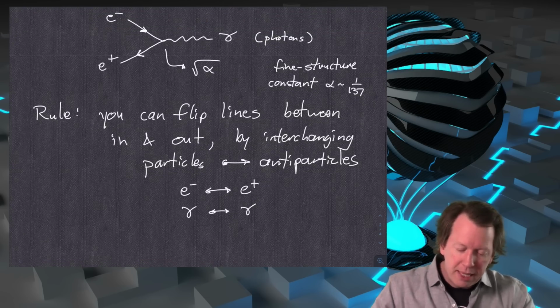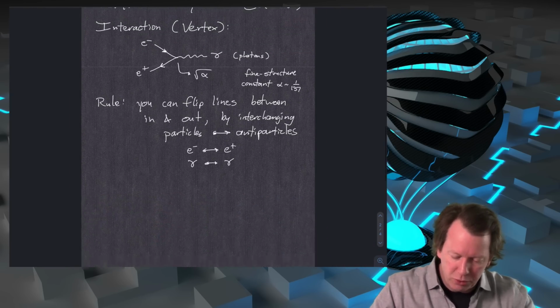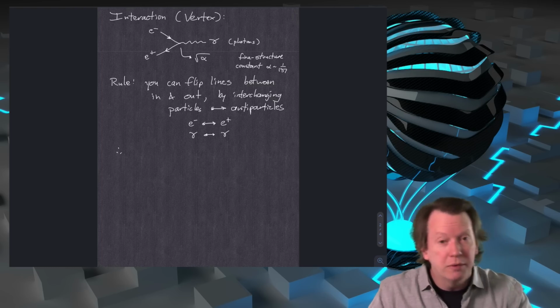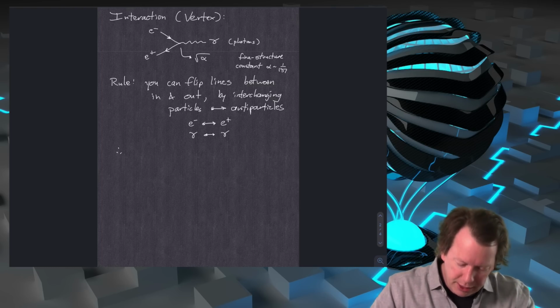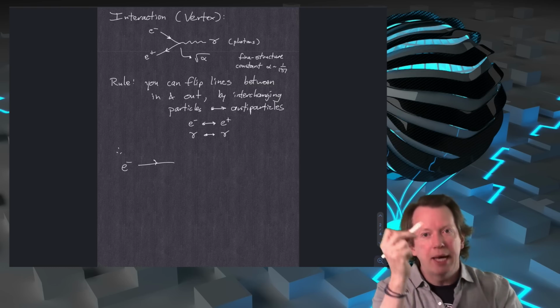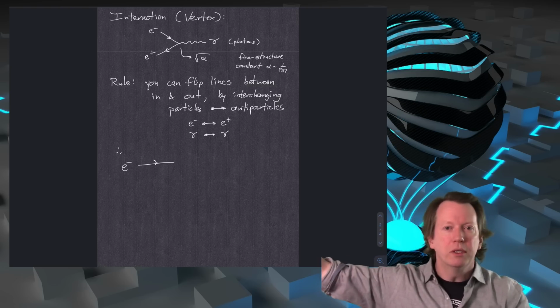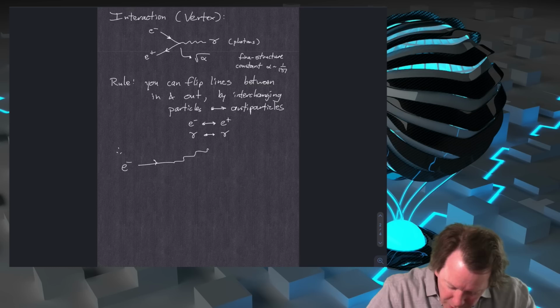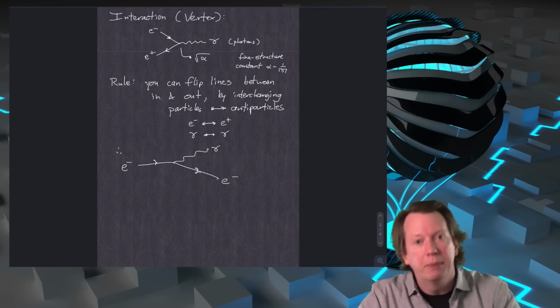And therefore, this diagram, let me shrink you down a little bit here. This diagram implies the existence of a couple of other diagrams. It implies the existence of a diagram where an electron comes in, and we take that positron line and move it over from coming in to going out, and therefore we get a photon going out, gamma, and guess what? Another electron coming out.